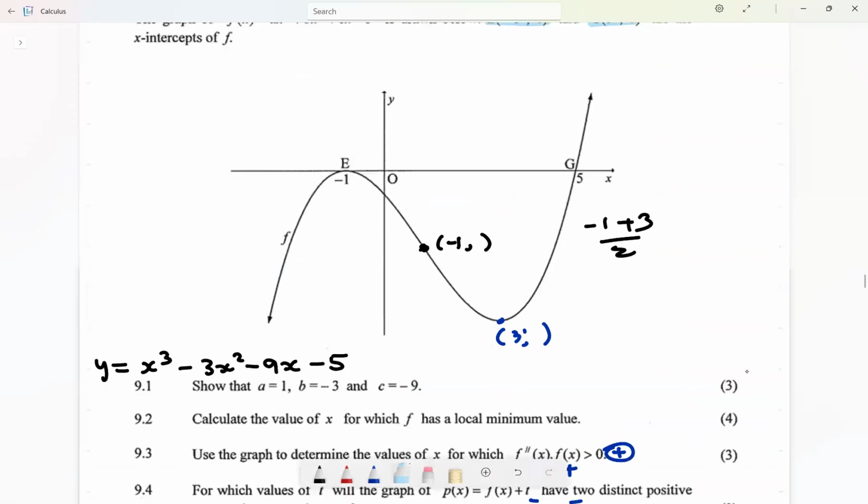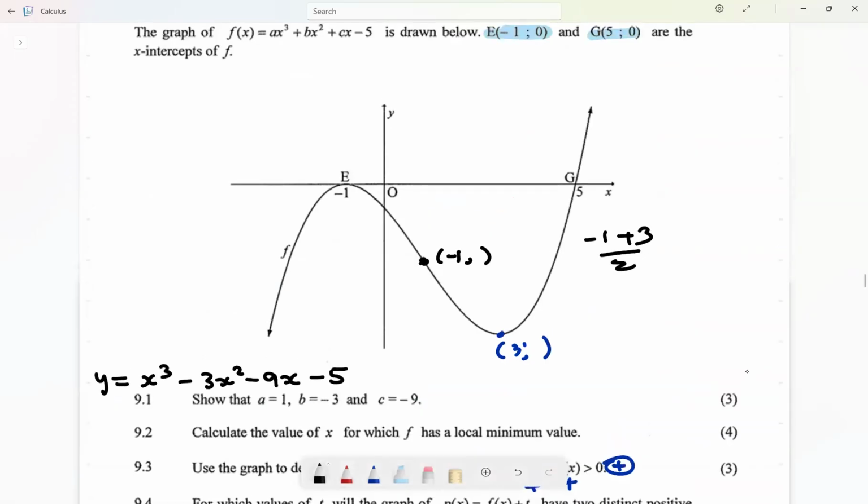So it means here, if this is my point of inflection here, remember, if this is f, I want f prime prime, and I know f prime prime is going to be my straight line. So it's going to be something like this here. So it's going to be x is equal to -1 here. So it means my graph is going to cut at -1 here. At -1 there.